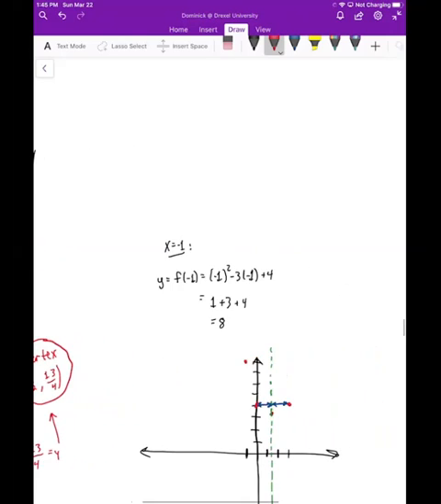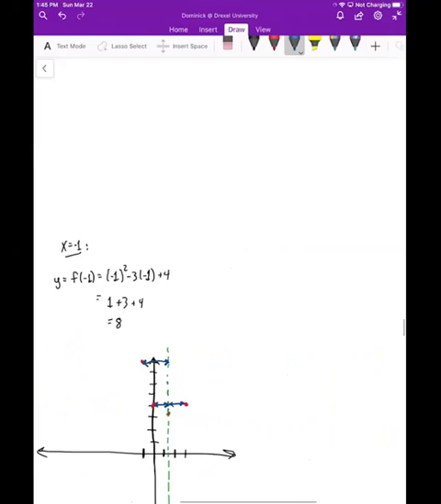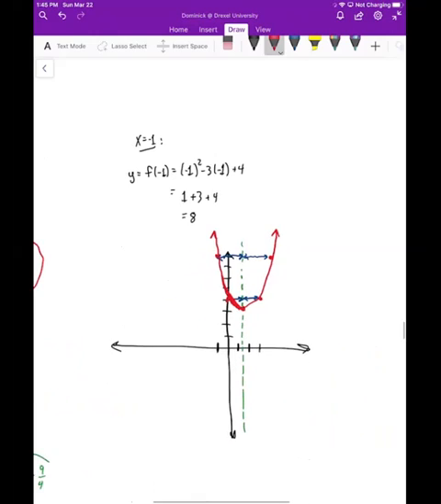But now, again, we can cheat and we can use our axis of symmetry. And whatever that distance is, so that looks like it's what, 2.5 away. So I'd also need to do the same thing on this side, and I'm going to get another point here. So now we can connect our points, and there is our quadratic function. We pretend that that goes through there a little better. Okay, so hopefully that's not too difficult.